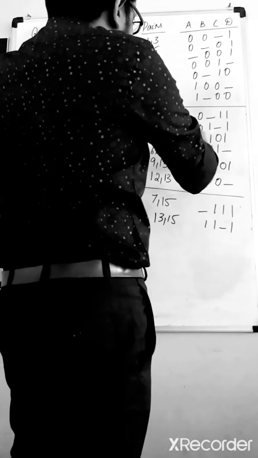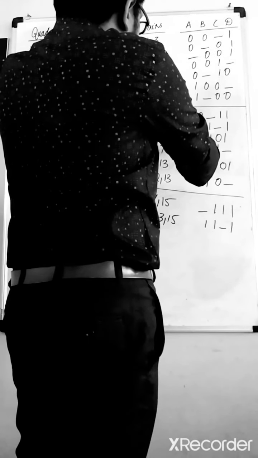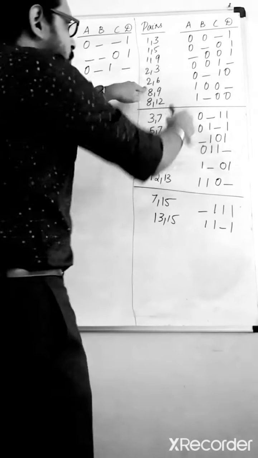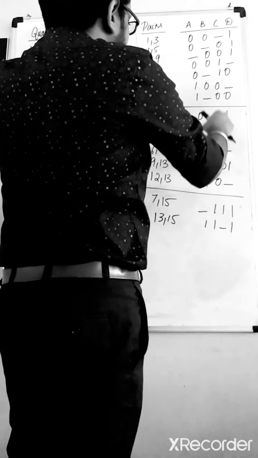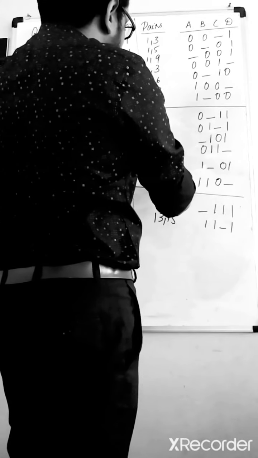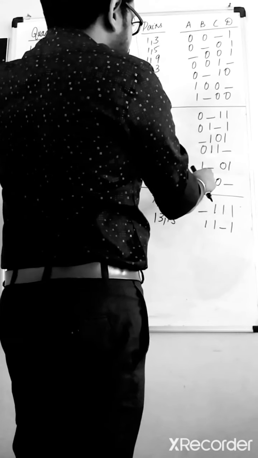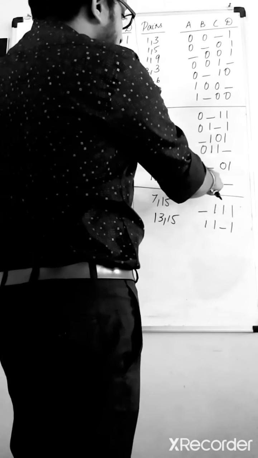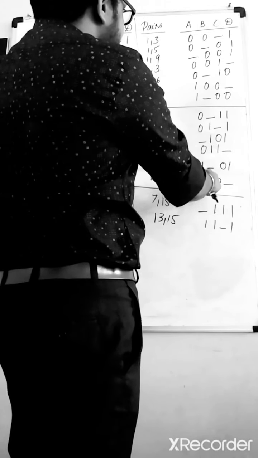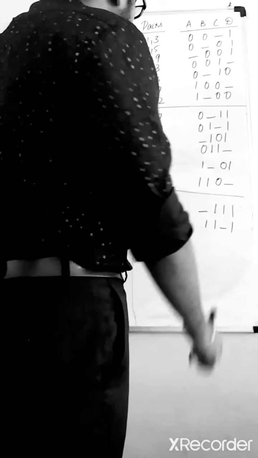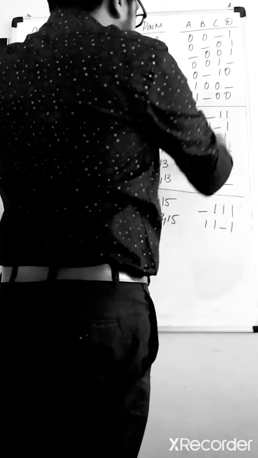Now 2, 3, 3, 7 is already used. 2, 3, 5, 7 cannot be used, the bit position is different. Now we check for 2, 6, 9, 13. Is it possible? No. More than one change. See?